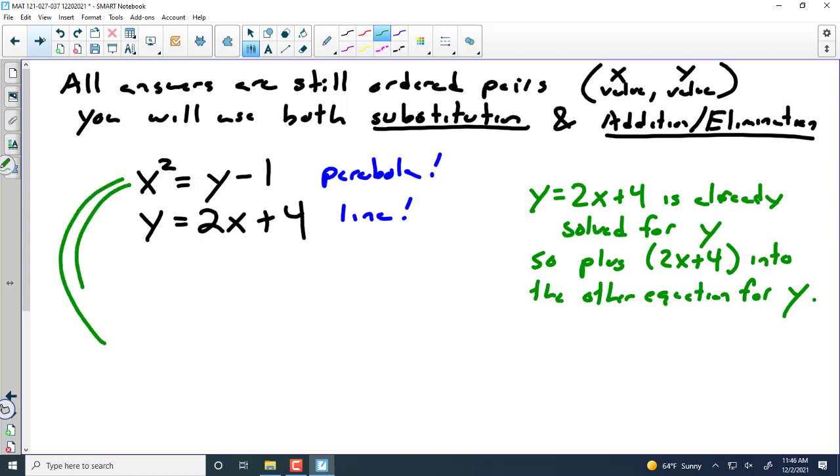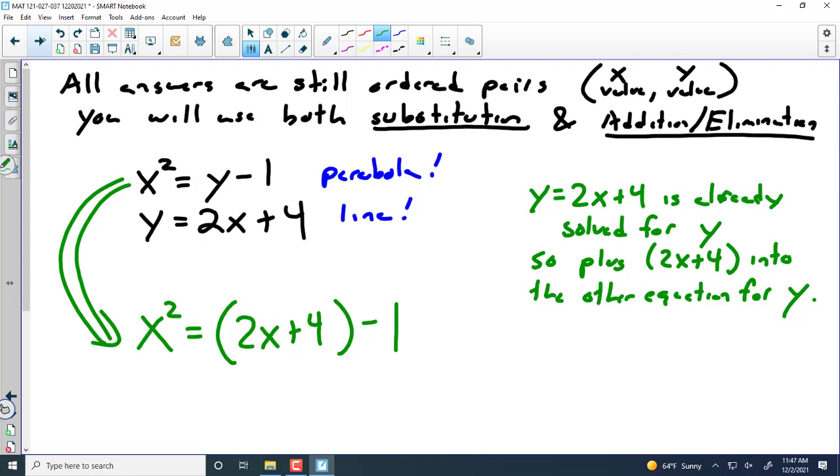So if we take this equation right here, we can rewrite it as x squared equals 2x plus 4 minus 1. Because y equals that, and y is right there. It's still the same game as before, everyone. Solve for one of the variables, get one of them, and then find the other one.